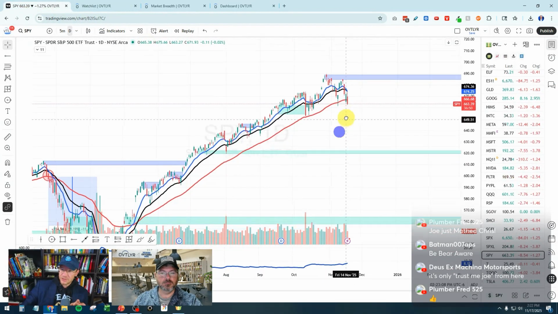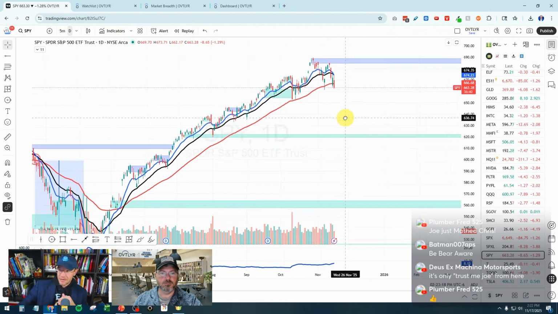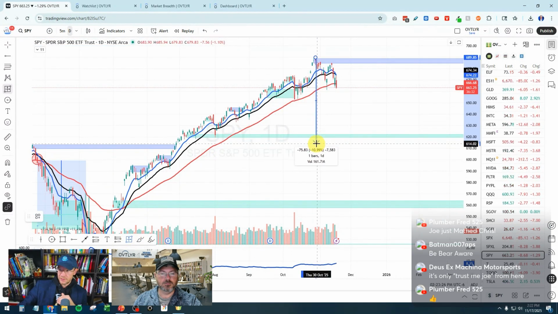Now, looking at this right here, we're starting a bearish trend inside of a bull market. What we need to see to go from a correction to a bear market is a 10% pullback from all-time highs to get you to a correction. So let's find where that 10% point is. 10% down is about right at that order block, interestingly enough.